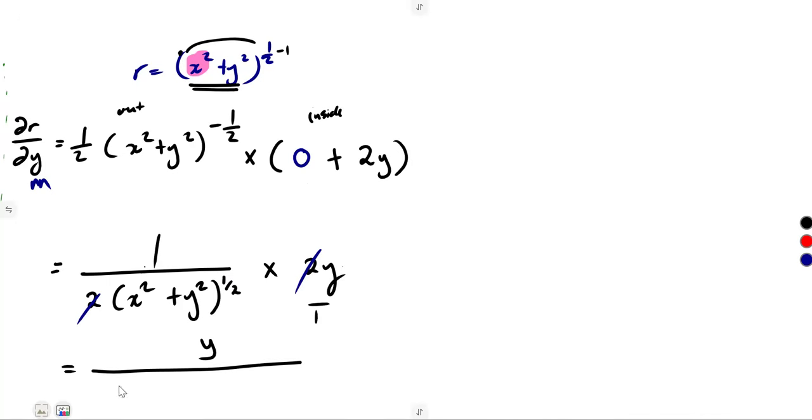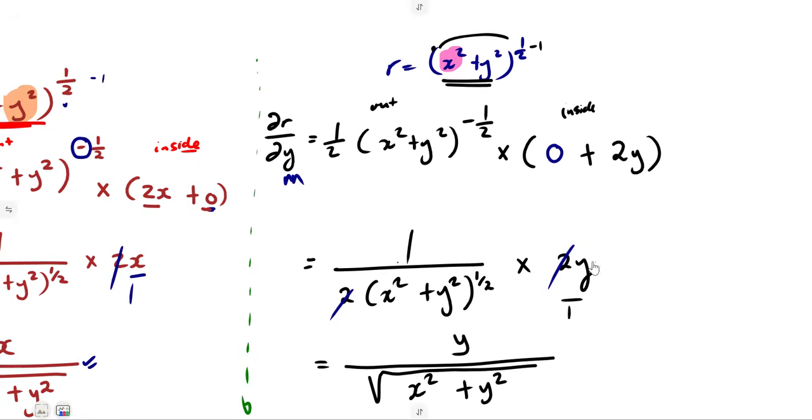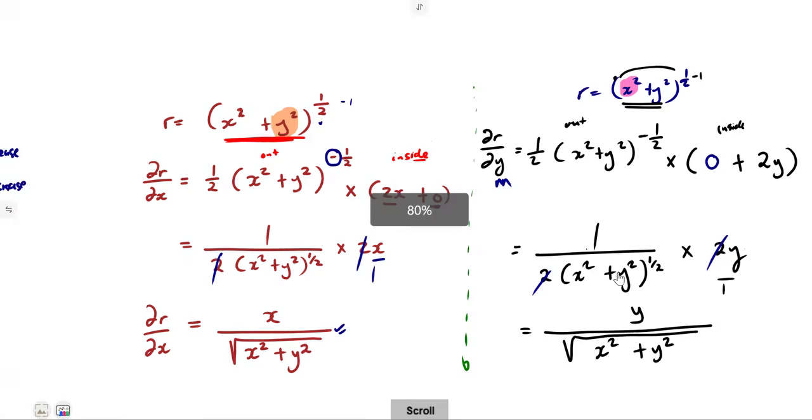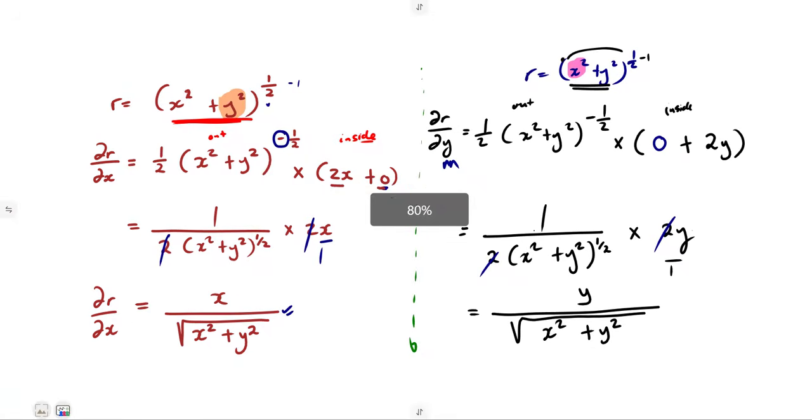The denominator as it is, but we're going to have the square root, therefore, exponent of a half. So that's it. We have the derivative of r with respect to y, the partial derivative, just like what we had for r with respect to x. So this is it. Same presentation.